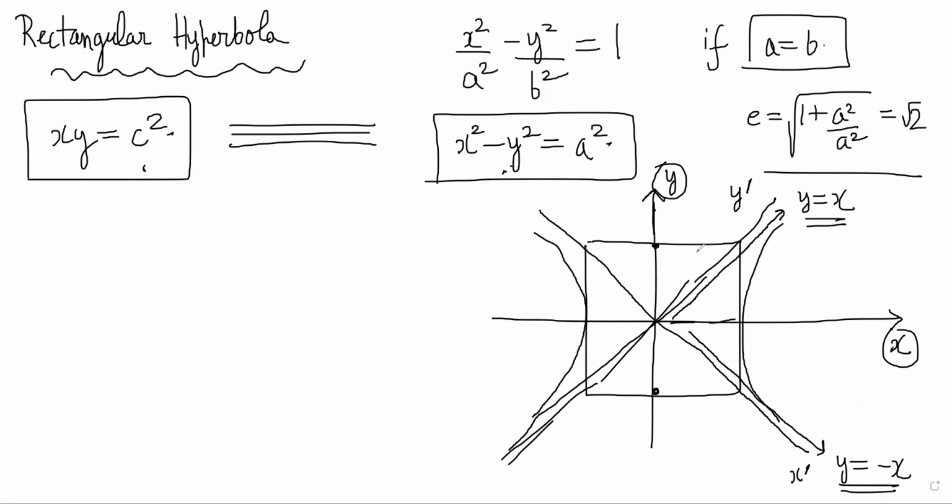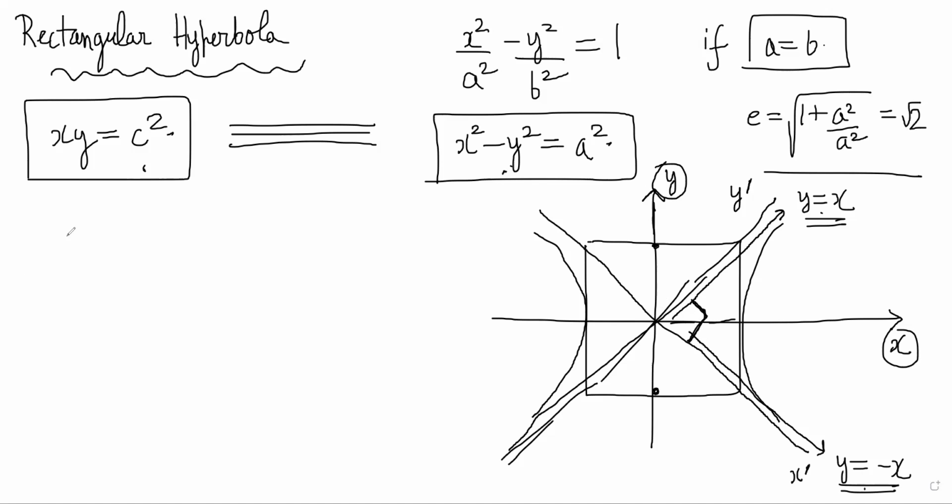Why can we do that without changing much? Because y is equal to x and y is equal to minus x have 90 degrees between them. So it is still going to be a rectangular Cartesian system, because the original axes also had 90 between them and these axes also have 90 between them, right?